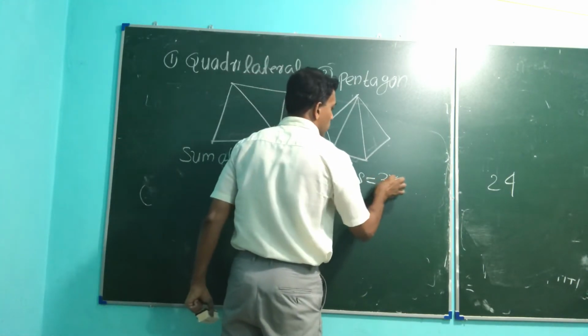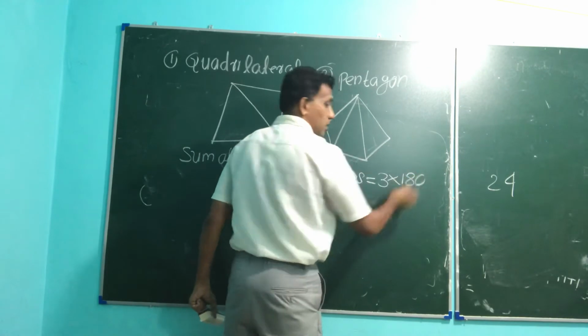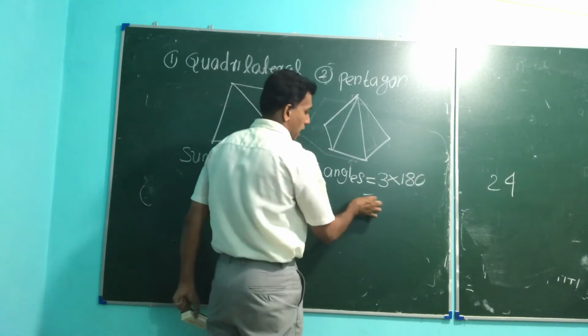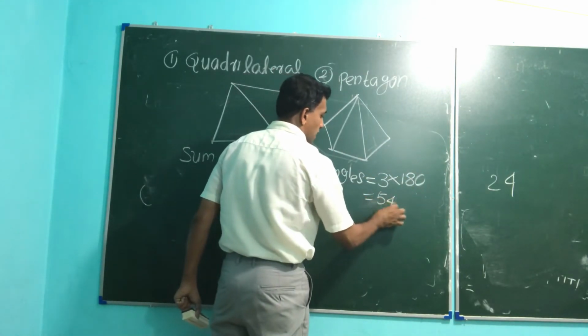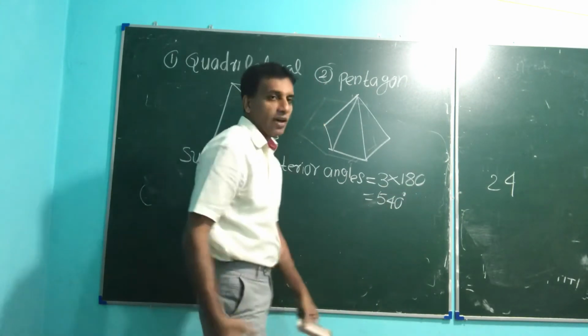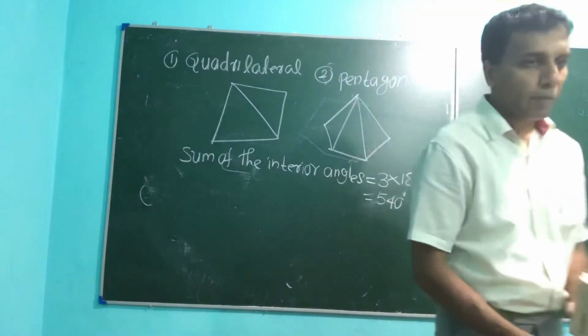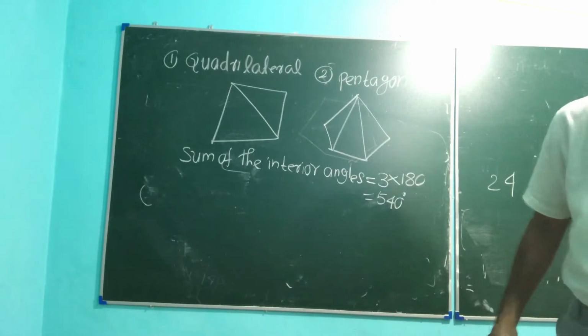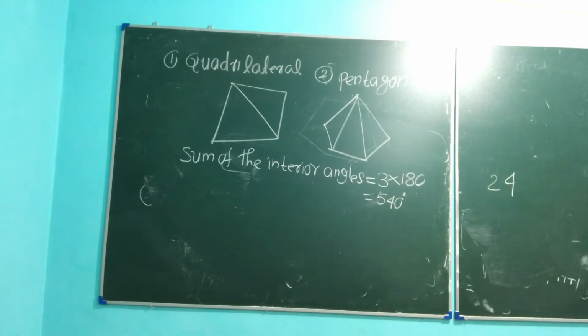One triangle is 180. Therefore multiply by 3. Check the previous answer. Not the same method, but the same answer, 540. So here we find how many triangles are available. One triangle is 180.